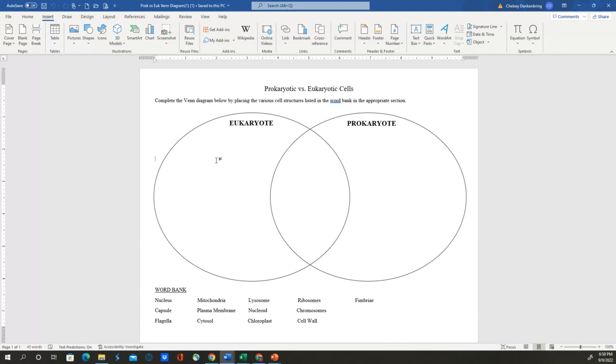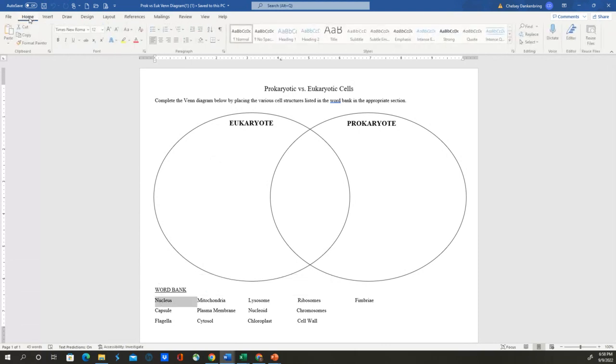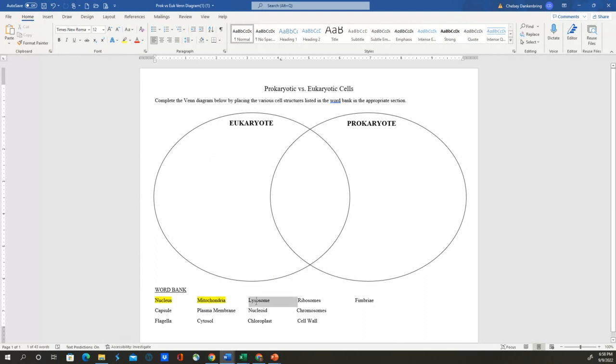Okay? Let me highlight those so I can at least keep track of ones that I've said, since it's not letting me do a text box. So these are all eukaryotes that I'm highlighting in yellow. Eukaryotes only, I should say. Nope, prokaryotes do not have a mitochondria because that's an organelle.